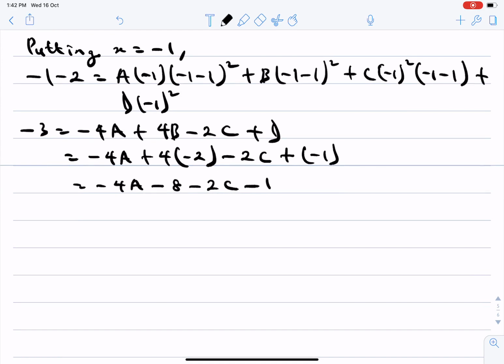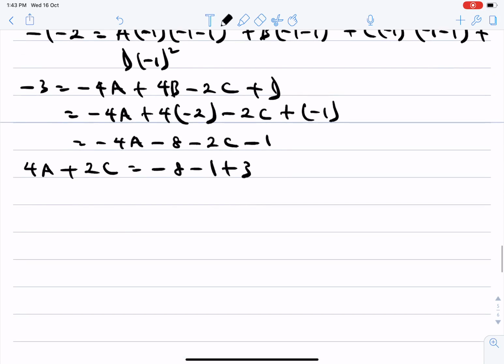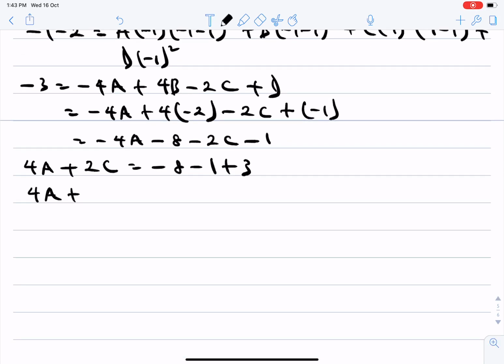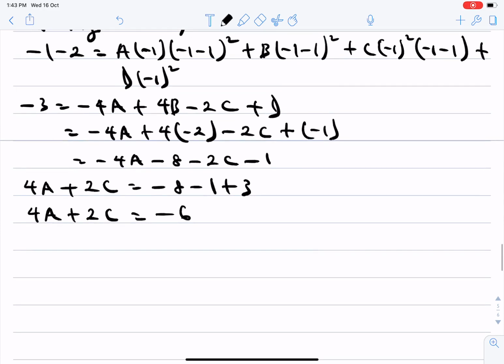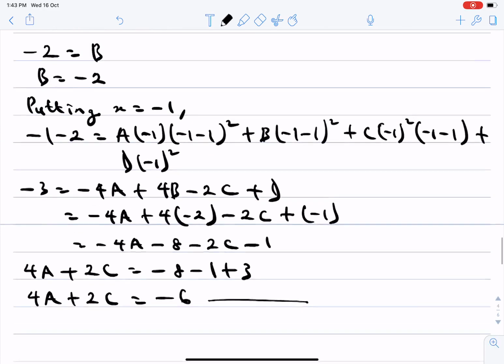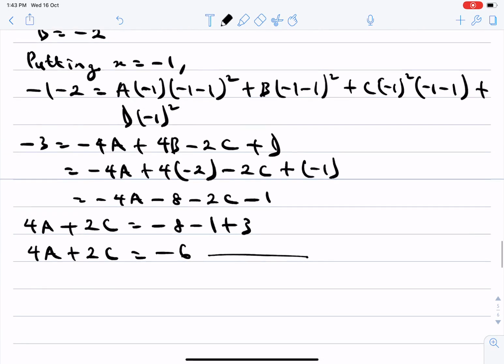And that means 4a, I'm taking minus 4a and minus 2c to the left hand side. 4a plus 2c equals, and I'm taking minus 3 to the right hand side. That's minus 8 minus 1 plus 3. That means 4a plus 2c equals minus 9 plus 3. That's minus 6. Equals minus 6. Let me just leave it that way as equation 1.